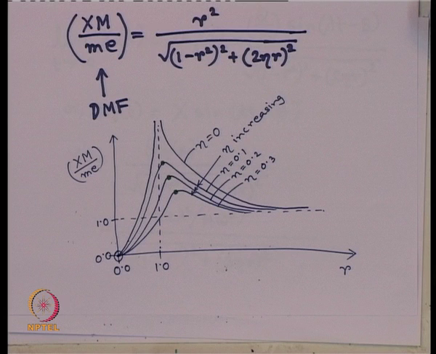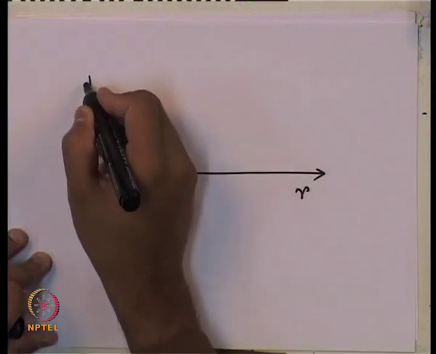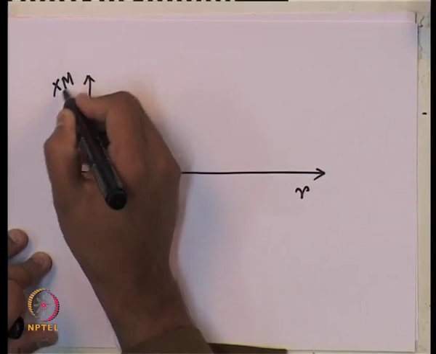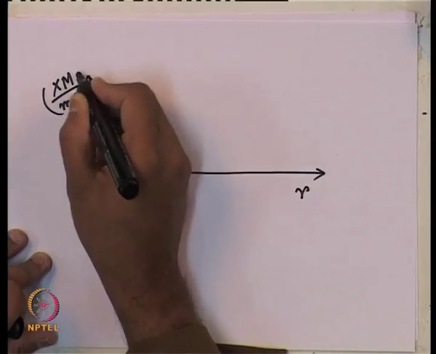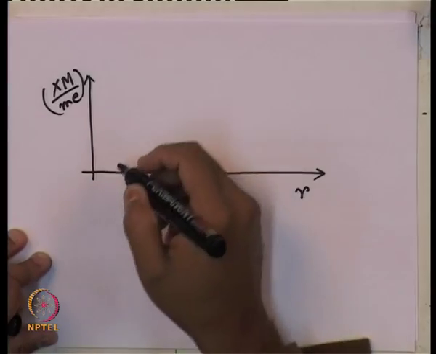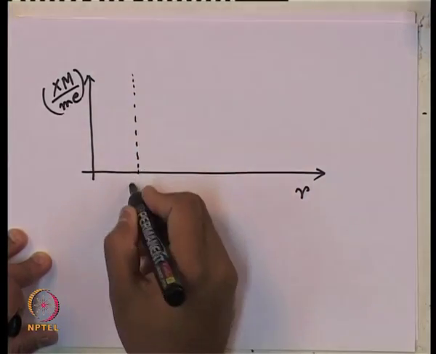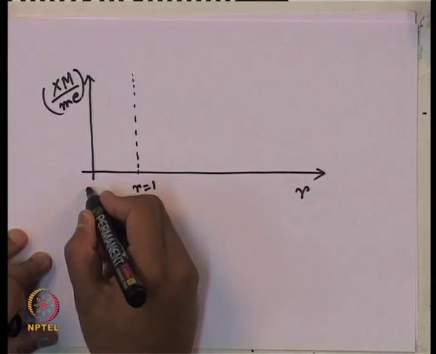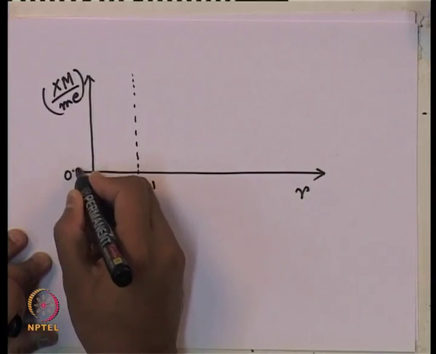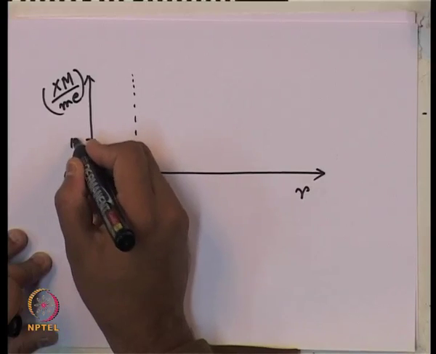So, if I want to plot it for a damped case, it should look like this, the variation of x m by m e. I have this as r equals to 1, this as 0, this as 0, here it is 1.